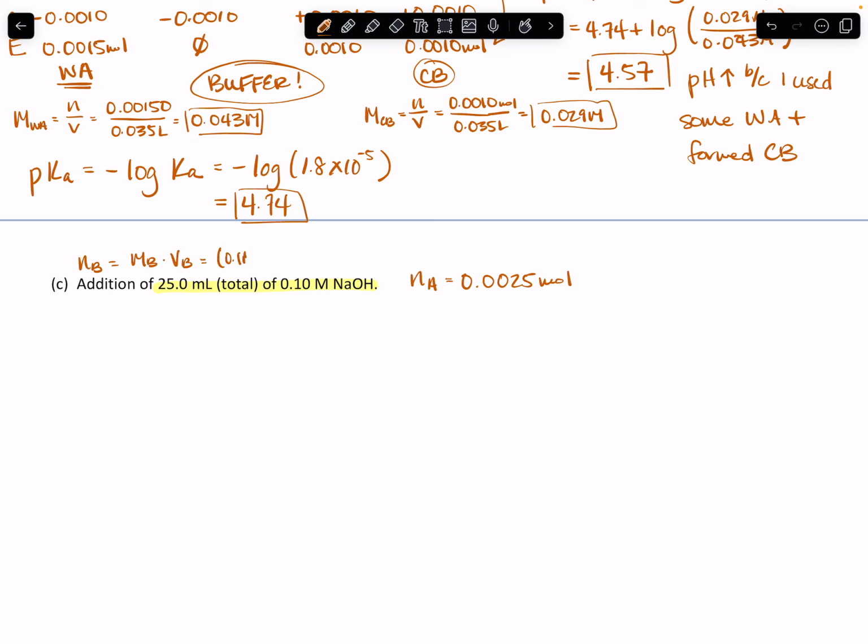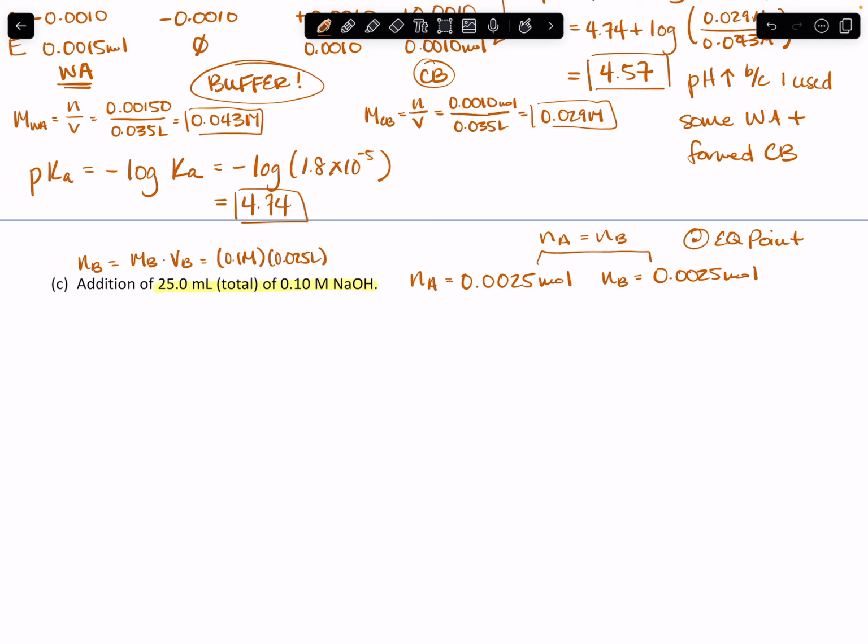So that's 0.1 molar times 0.025 liters. So the moles of base that are now present are 0.0025 moles. Hopefully you look at this and say, oh, the moles of the acid equal the moles of the base. Therefore, I must be at the equivalence point.